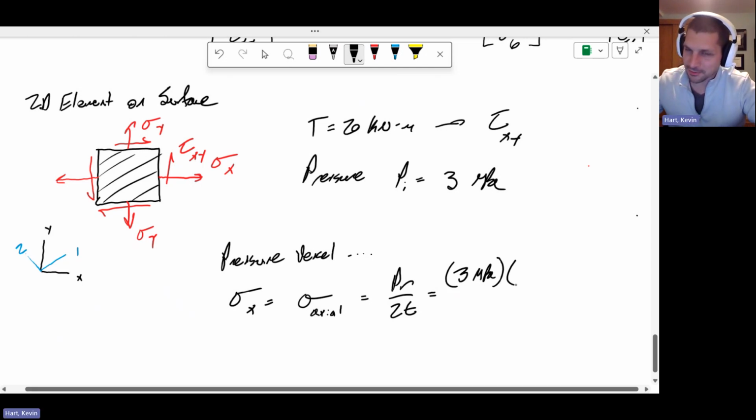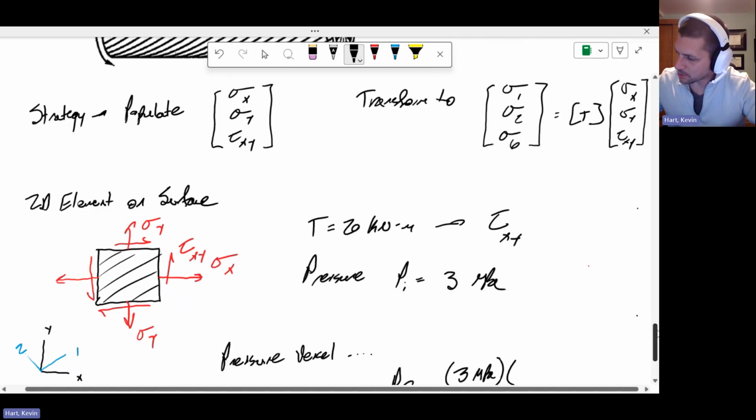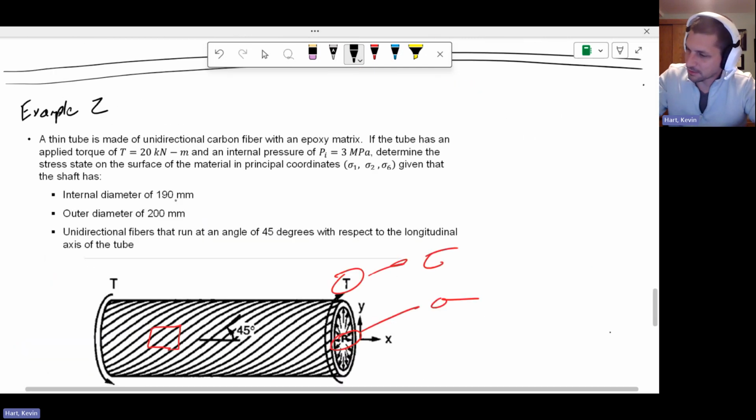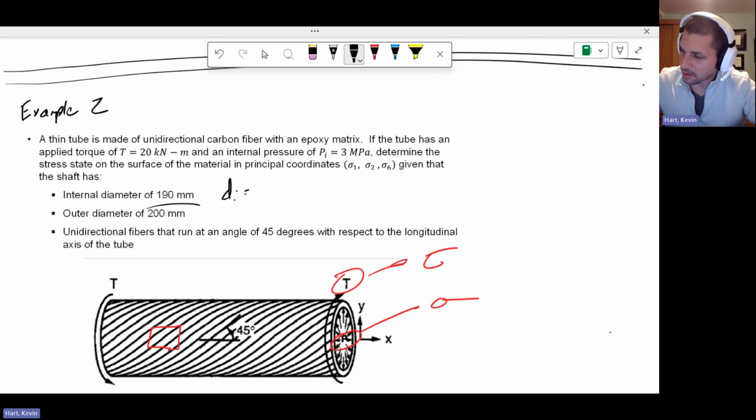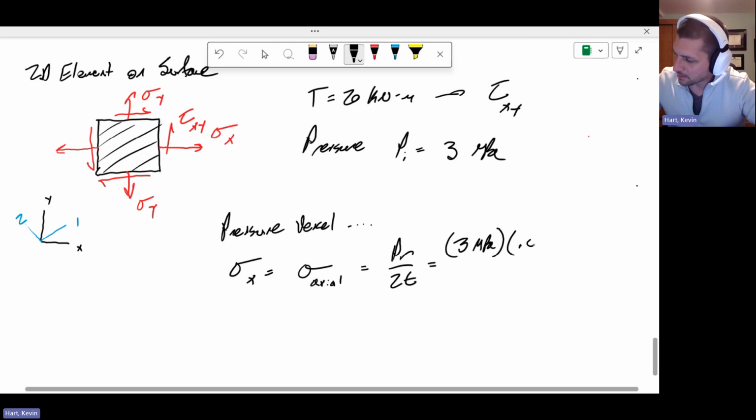The outer radius of the tube, sorry, we need an inner radius here. If we go back up, we're told that the inner diameter is 0.19 meters. That means the internal radius is 0.095 meters. So we want the internal radius here, my bad, 0.095 meters, divided by 2 times the wall thickness. Okay, don't make this mistake.